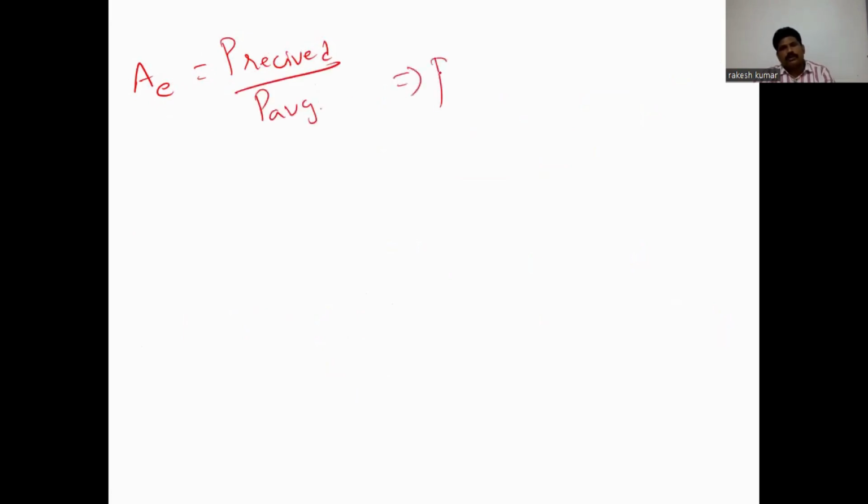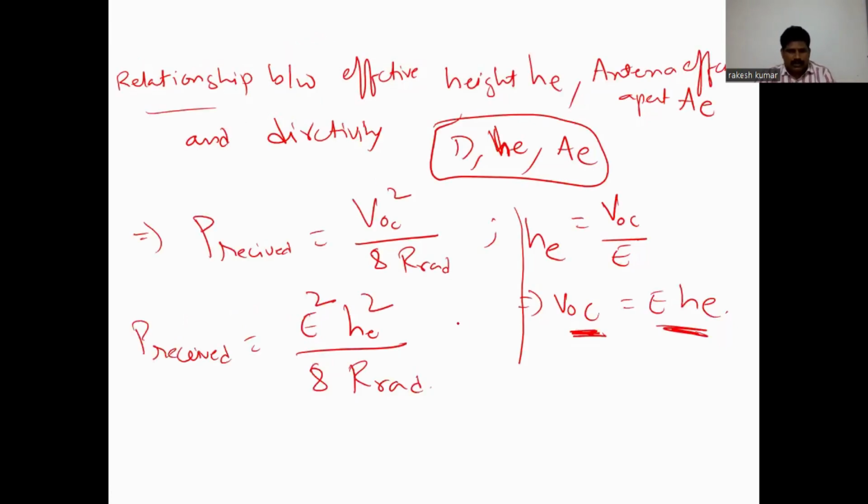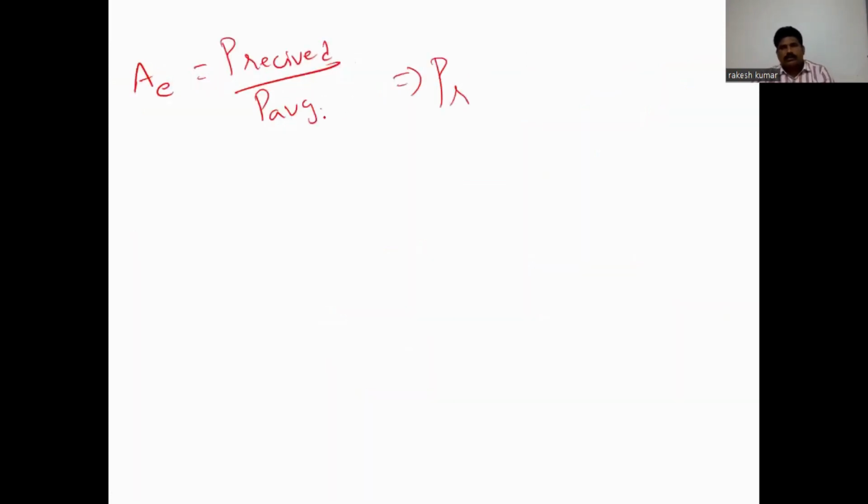Next, what is the formula for the effective aperture area A_e? It is the ratio of P received to P average, so P received is equal to the effective aperture area A_e times P average.